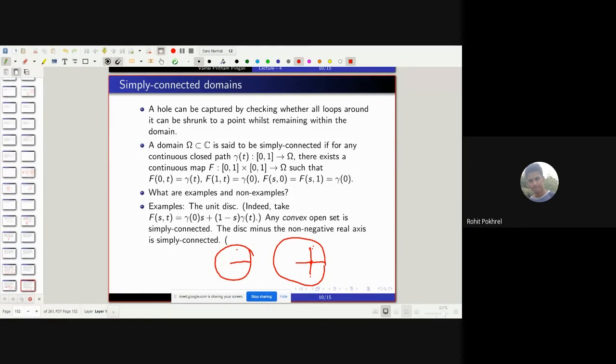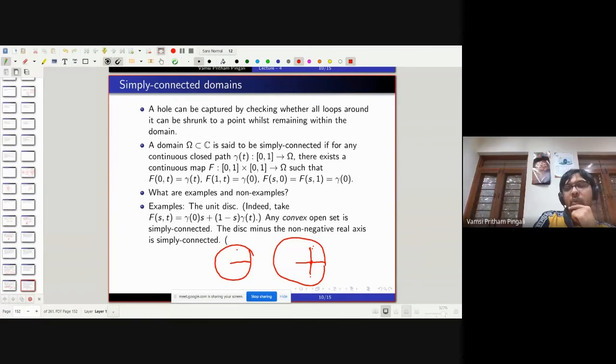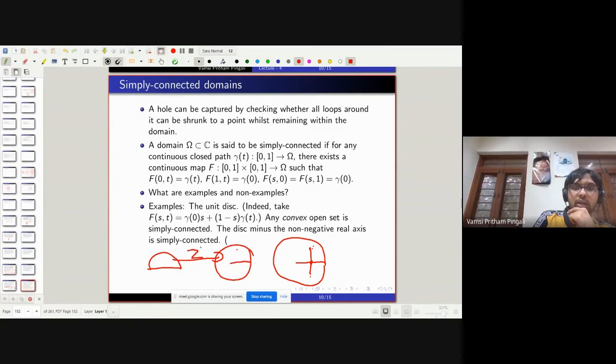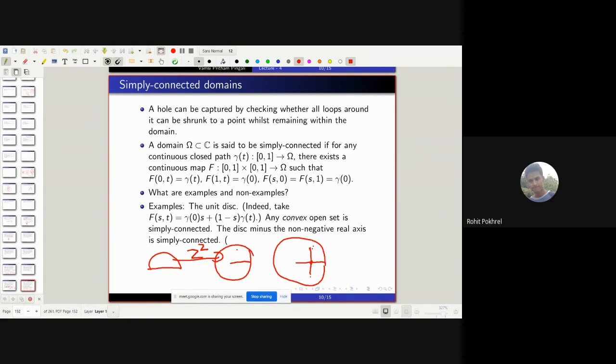We can take a conformal mapping from the hemidisk. What conformal mapping will work? Z square from the hemidisk, and so this is a conformal map. How does it help? If we take any loop, then it will be a loop in the disk.